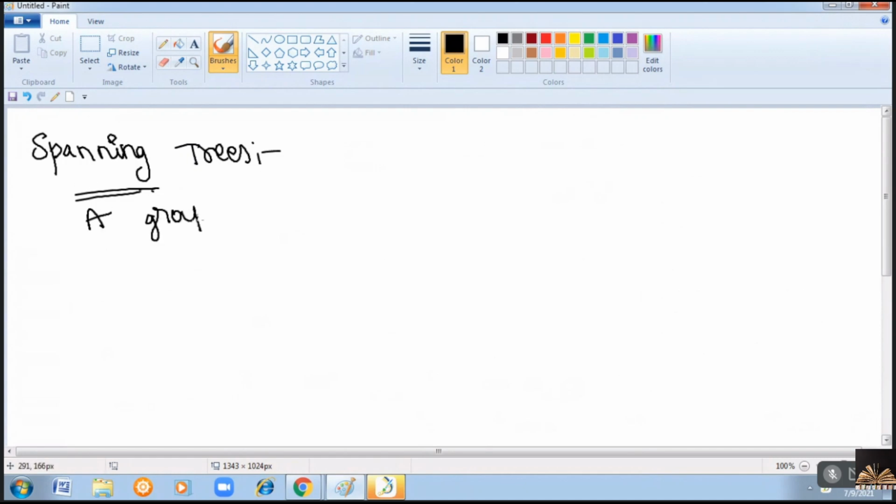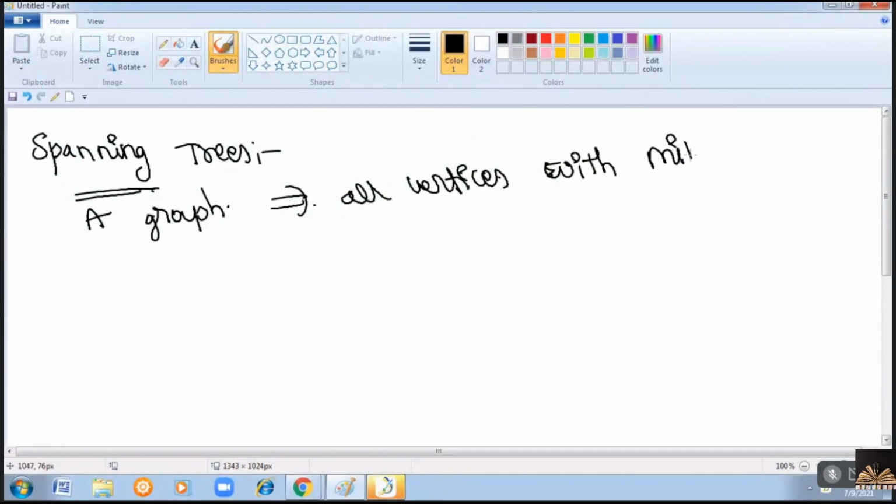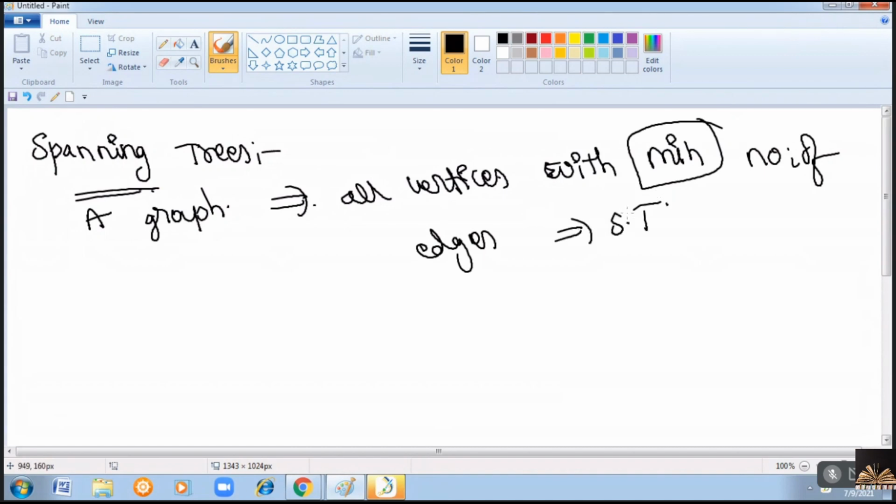If a graph is given, from this graph you will get a spanning tree.